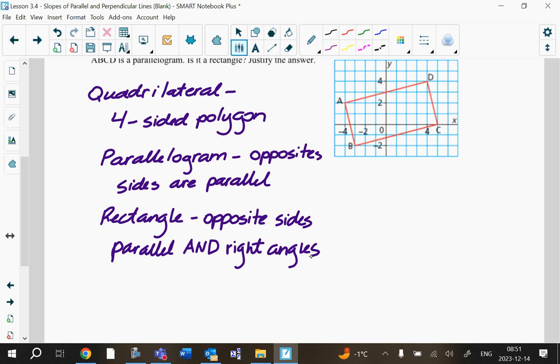Now that we know these, we can answer this question. We are given a graph of ABCD. We are told that it's a parallelogram. So we know that the opposite sides are parallel. The question is, is it a rectangle? Well, you probably look at this and say, it looks like one, because it looks like these are all right angles.